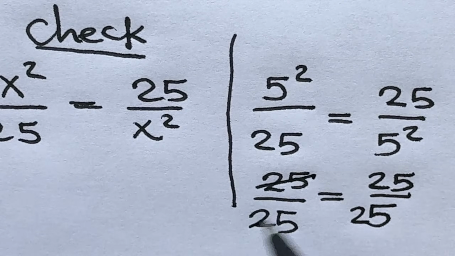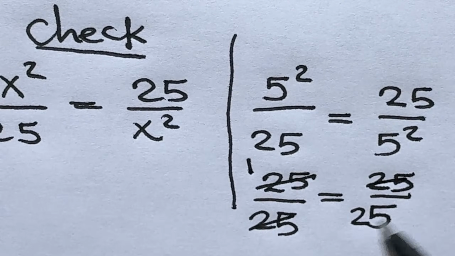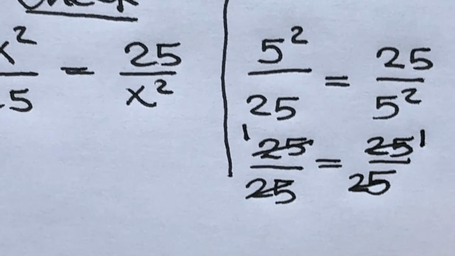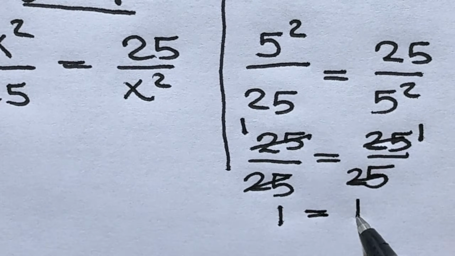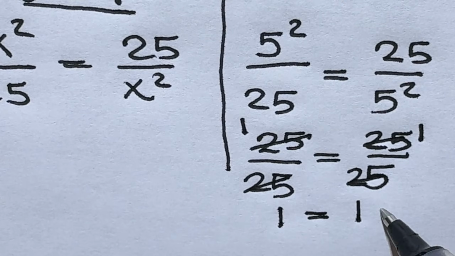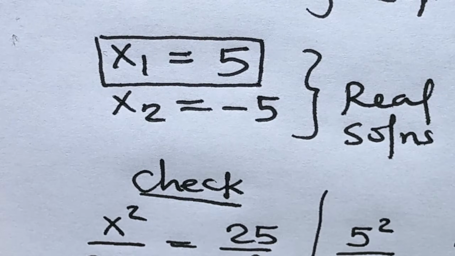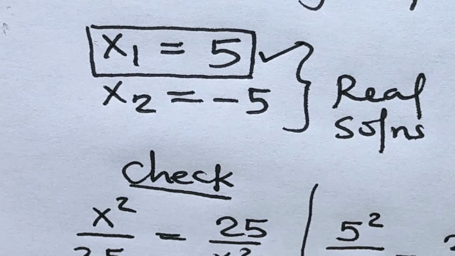And 25 divided by 25 is 1. So for the first case, left hand side is equal to the right hand side. Hence, x is equal to 5 is correct and acceptable.